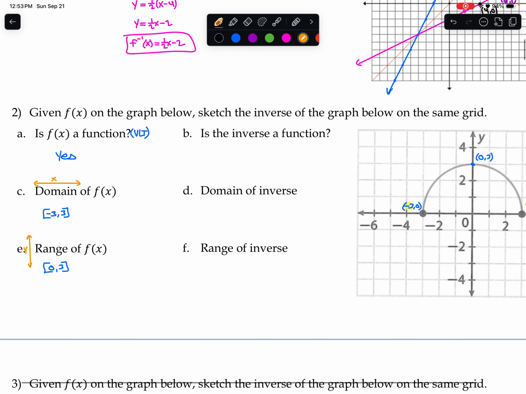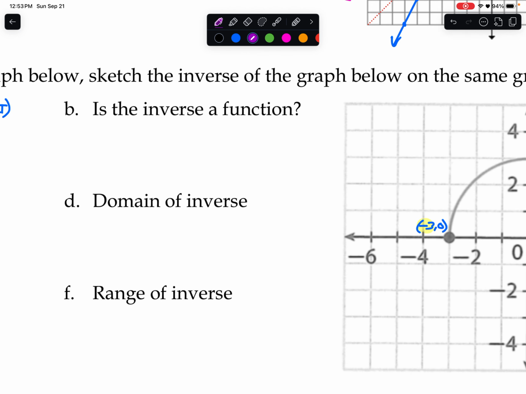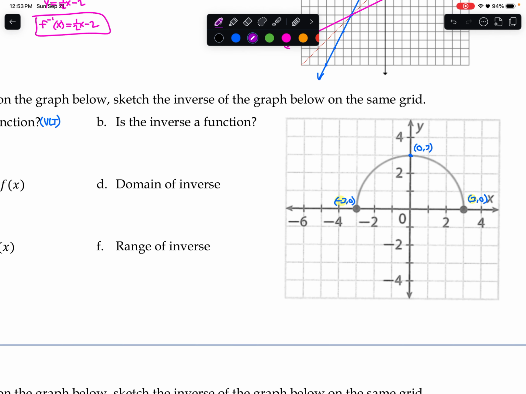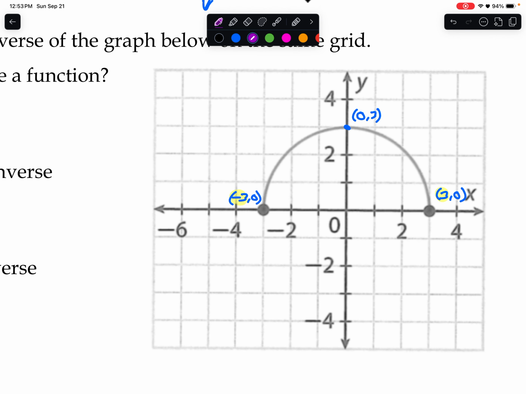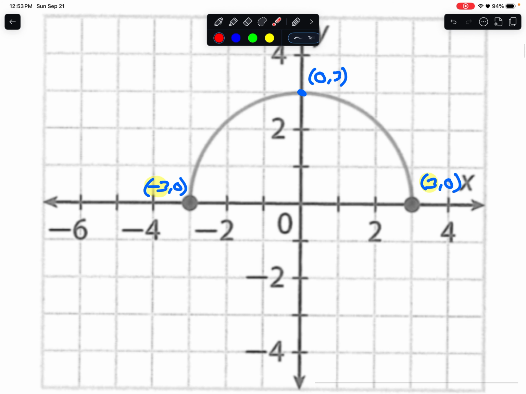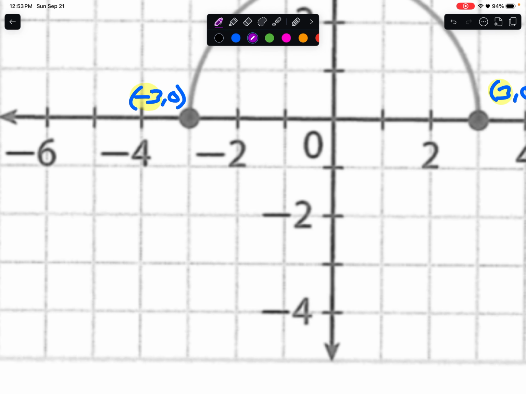All right, so now that we have this information about our original, now we can look at the inverse. So they don't really give us an equation or anything. So in this case, because you don't have an equation, you're actually just going to transform the points, just like what we did previously. So I want to transform the point -3, 0 to find the inverse, which is going to transform into 0, -3, which is going to go down here.